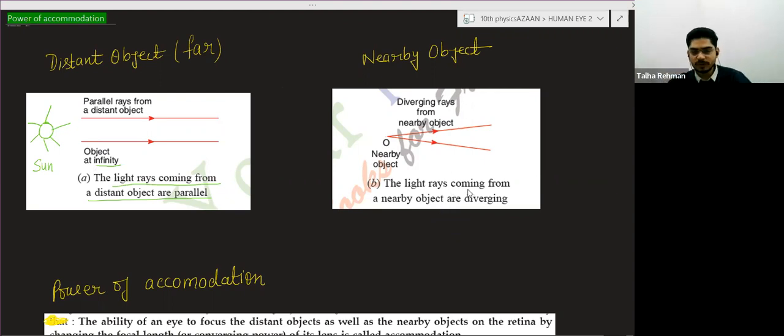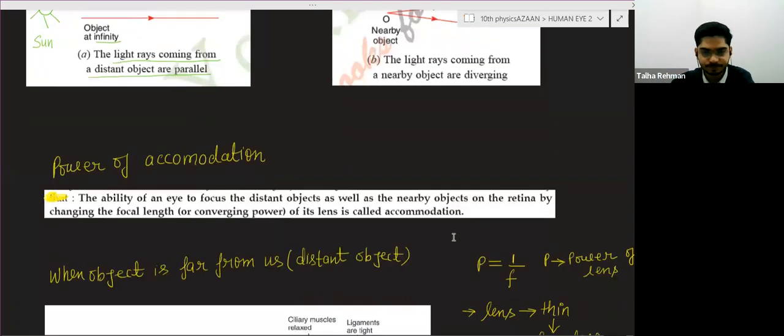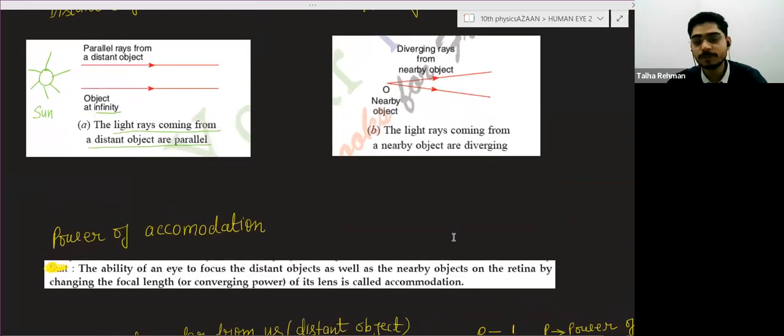So from here we can introduce the concept of power of accommodation. Power of accommodation is the ability to see the distant object and the nearby object by adjusting the focal length and the power of the convex lens in the eye.